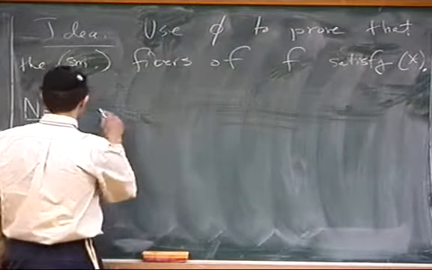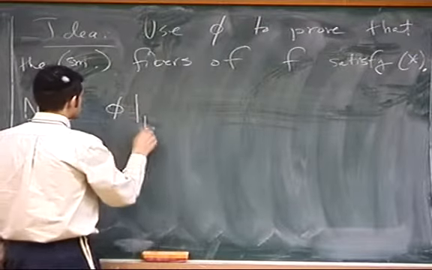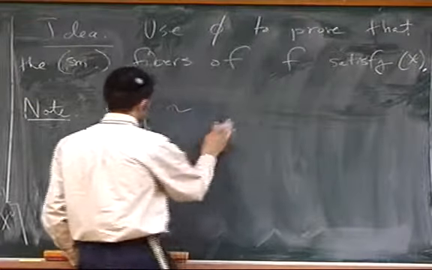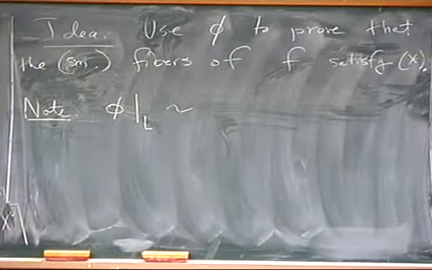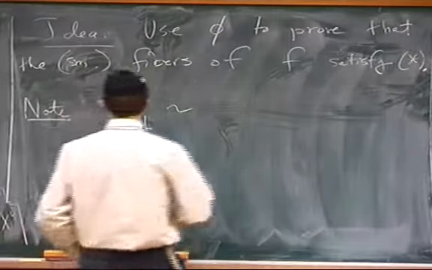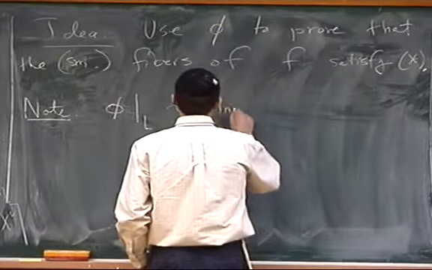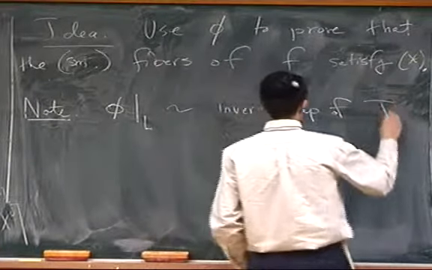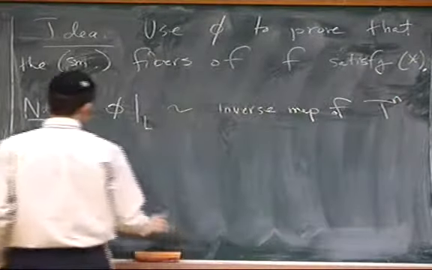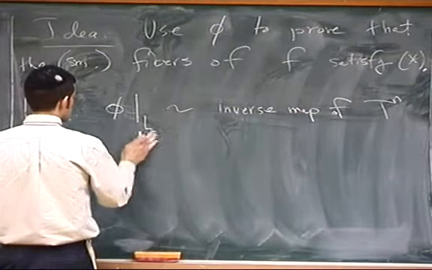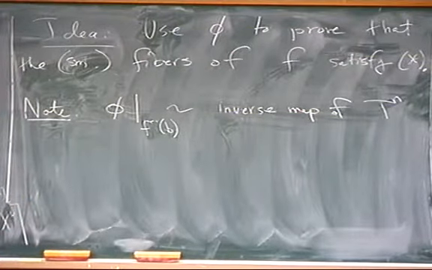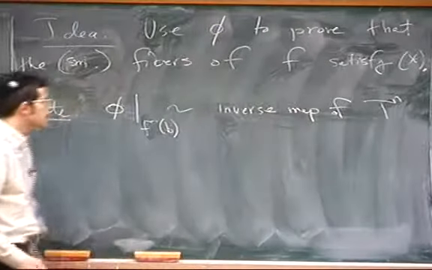The point here is that phi restricted to L is, say, isotopic to, but I'm only going to use something much weaker than that, the inverse map of T^n. So phi restricted to any fiber is essentially the inverse map of T^n.